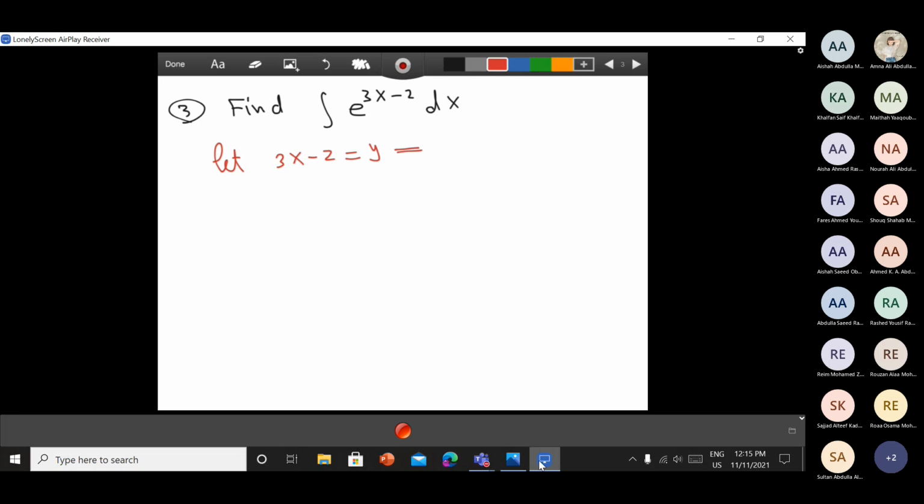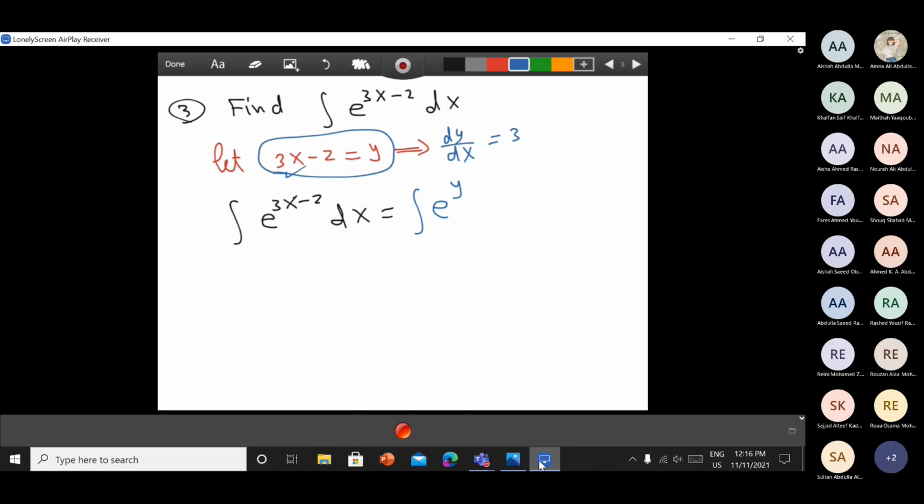Fine. So the integration of e to the 3x minus 2 dx will be what? Yes, it will be the integration of e, and instead of 3x minus 2, I will replace it by y. What about dx? So I have to differentiate. dy by dx is equal to the derivative of 3x, which is 3, and the derivative of minus 2 is 0. So no need to write it down.